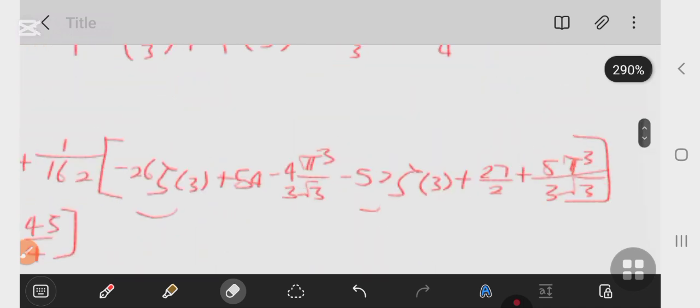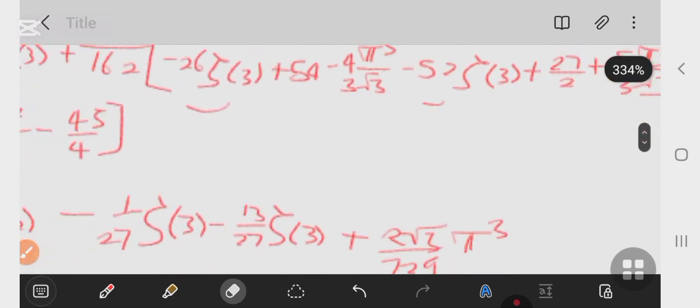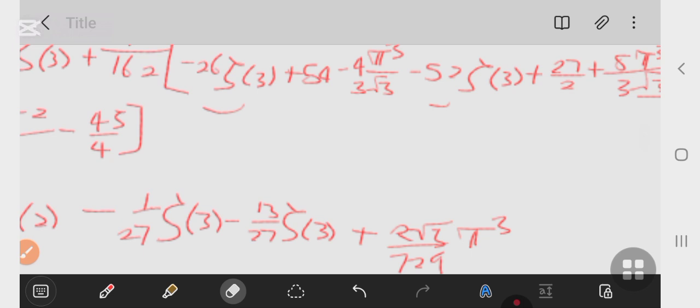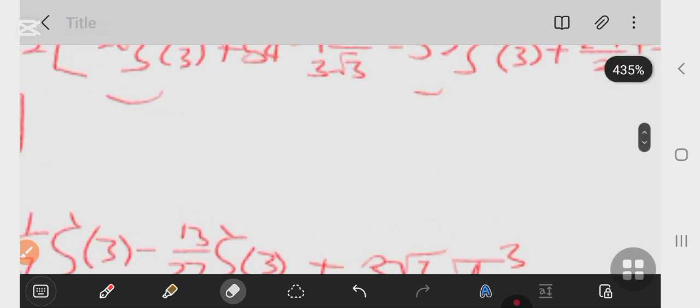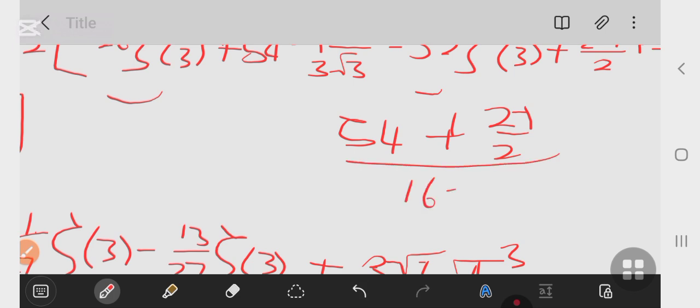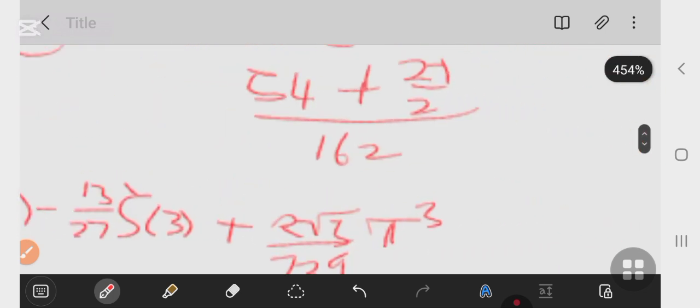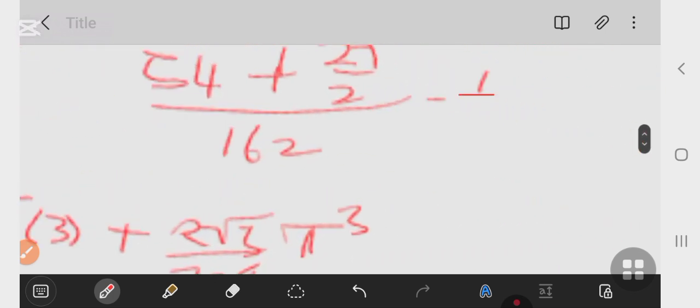Okay, now the remaining now is the constant terms. The sum of this, when divided by this, 54 plus 27 over 2, when divided by 162, minus 1 over 27 multiplying 45 over 4.